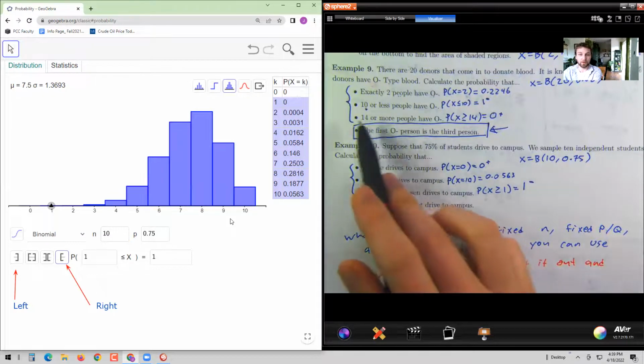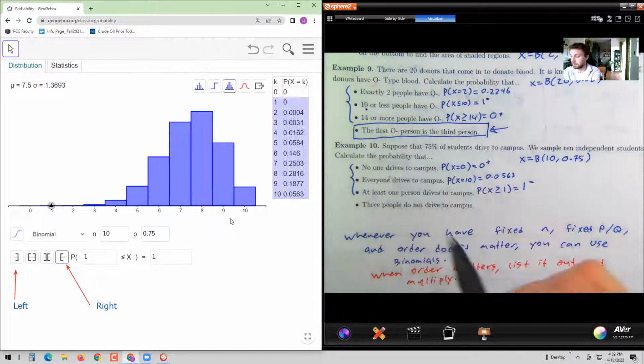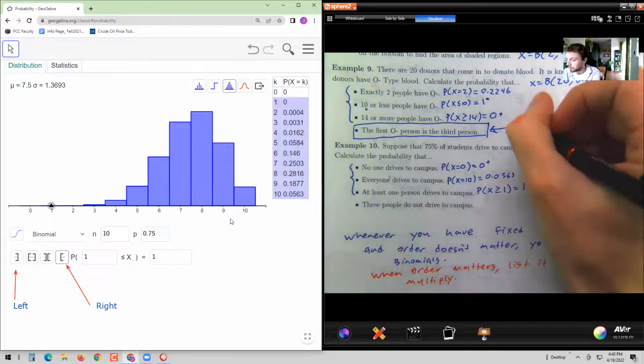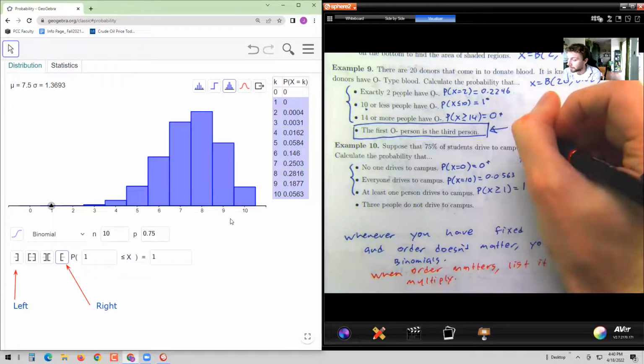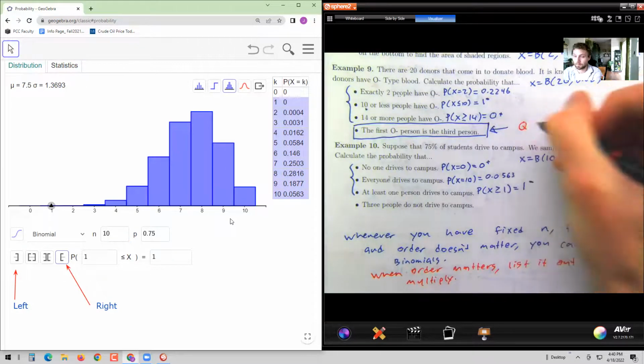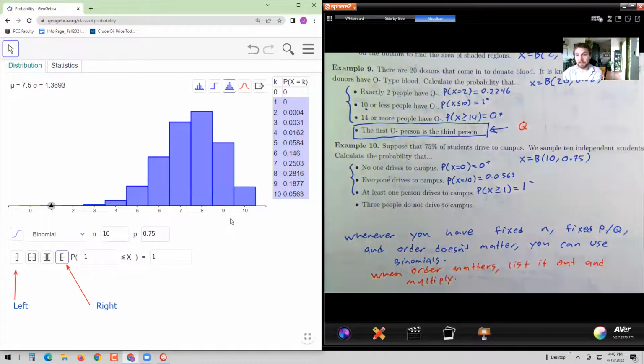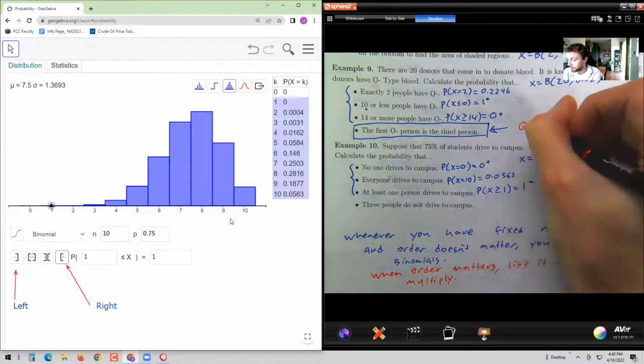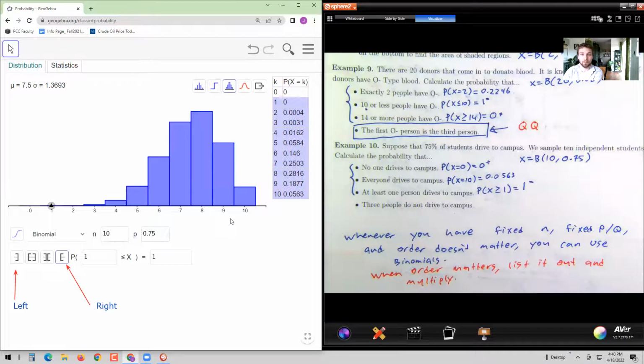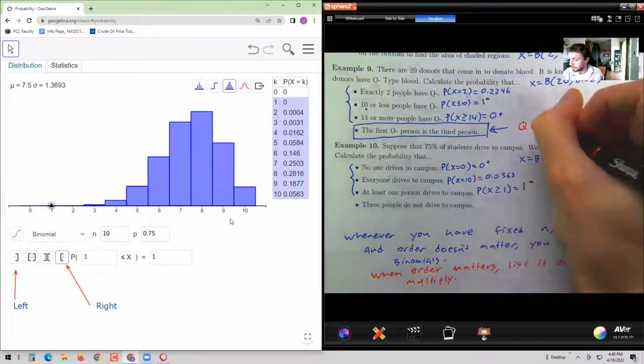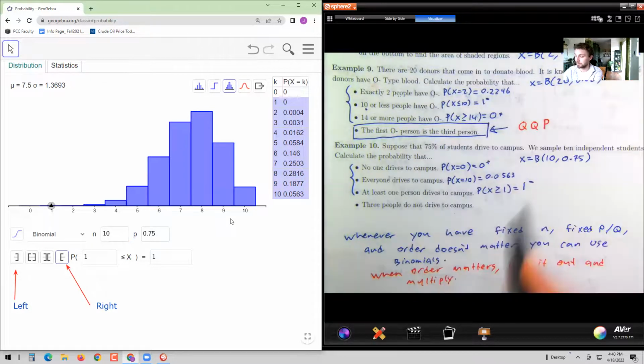So for example, the first person to be O negative is the third person. This specific order would mean that the first person is not O negative, failure. The second person is not O negative, failure. But the third person is success.